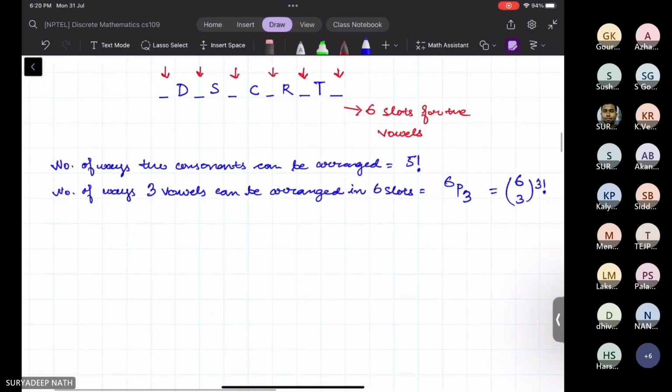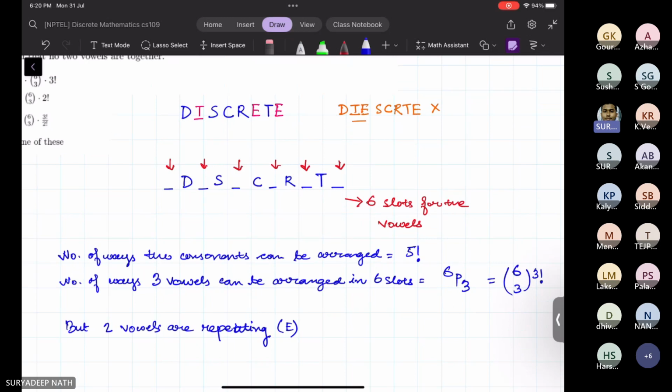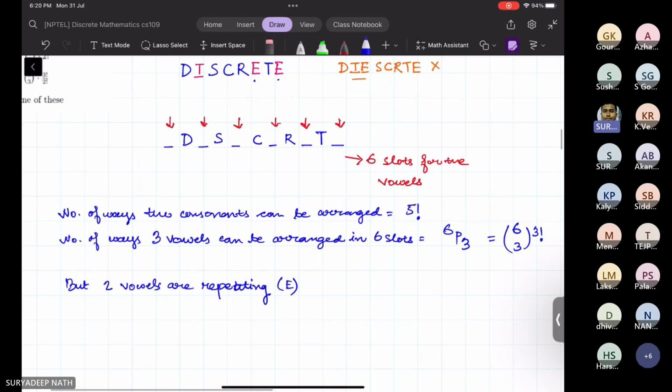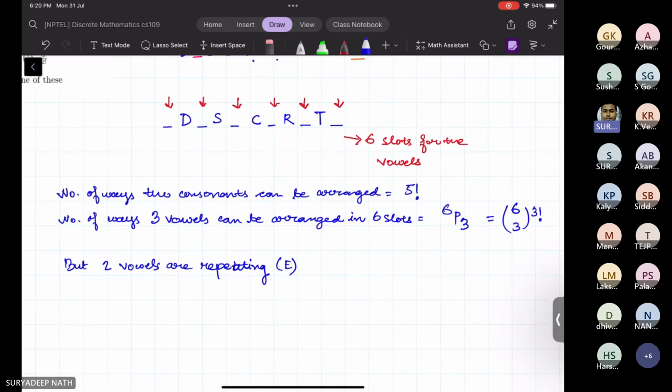But two vowels are repetitive. Repeating E. If you see, the E occurs twice. So for every such combination, we'll have to divide by 2.